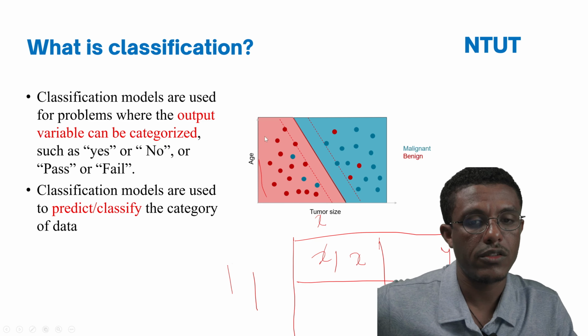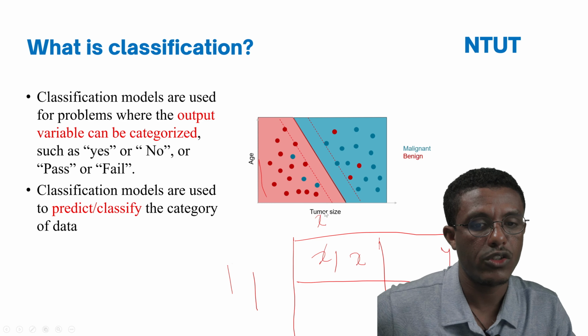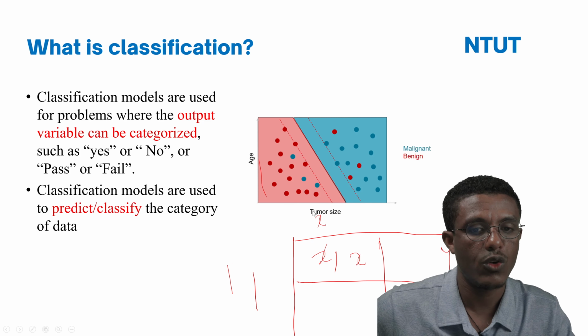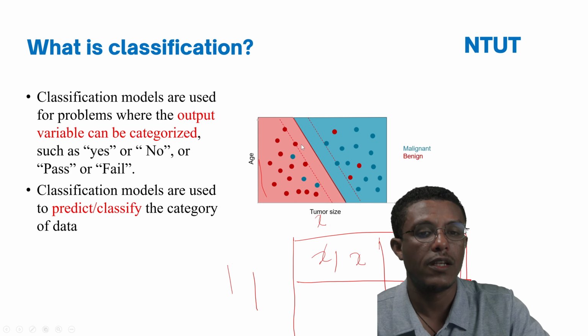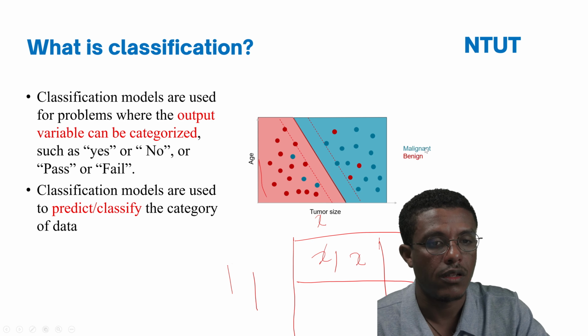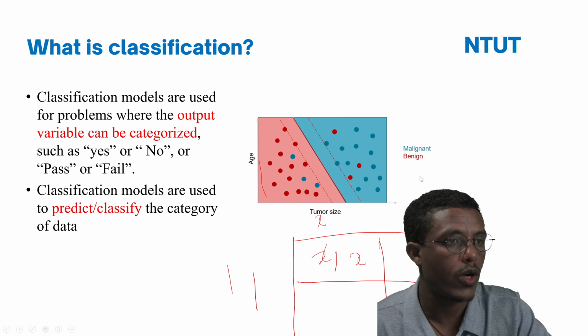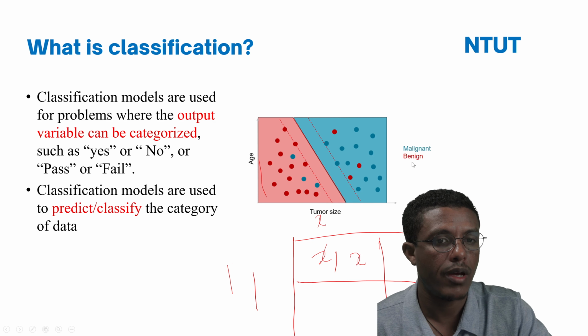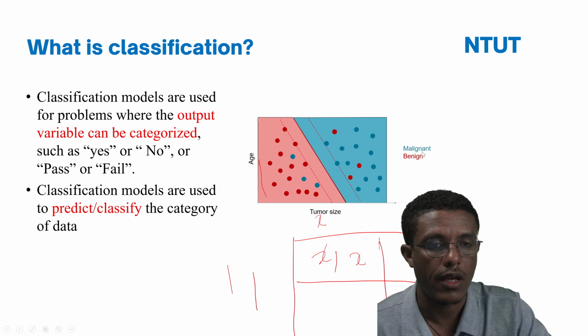Based on the tumor size and the age, the data is classified into these two classes, which is also categorical. The class is either benign or malignant. The red ones represent benign and the blue ones are categorized as malignant.